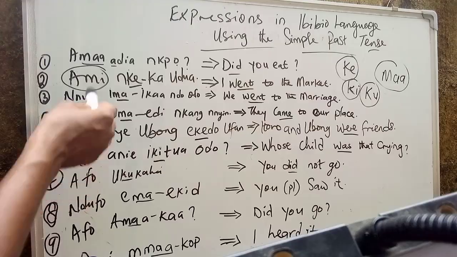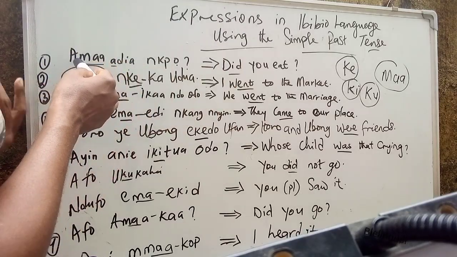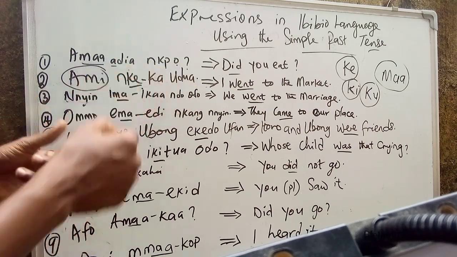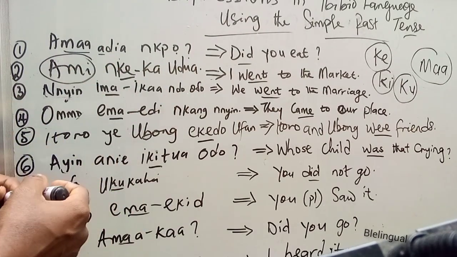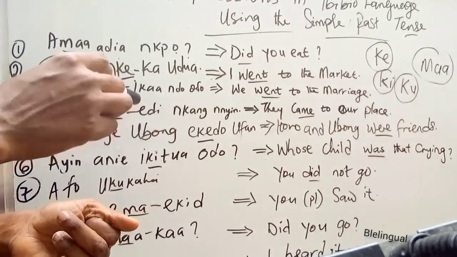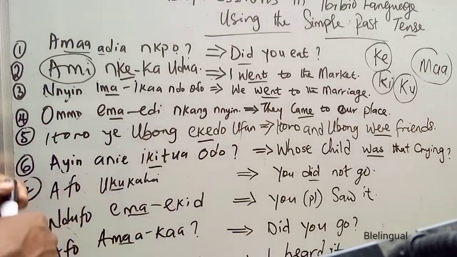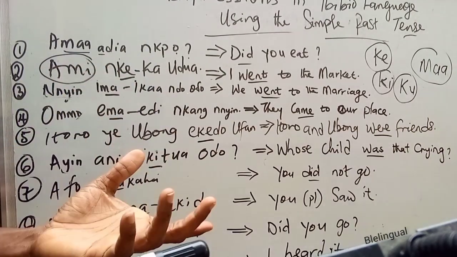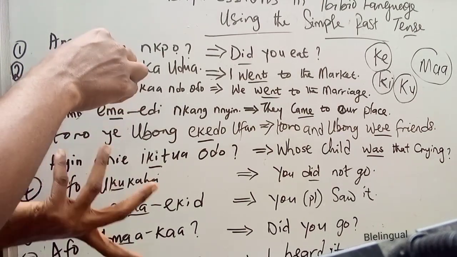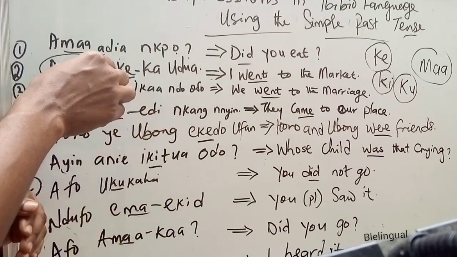Now, it's possible to segment all of this sound production and then tell you what they mean. For instance, a is for a personal pronoun marker, so that's the person referred to in the discourse. Then ma is for the past tense marker.